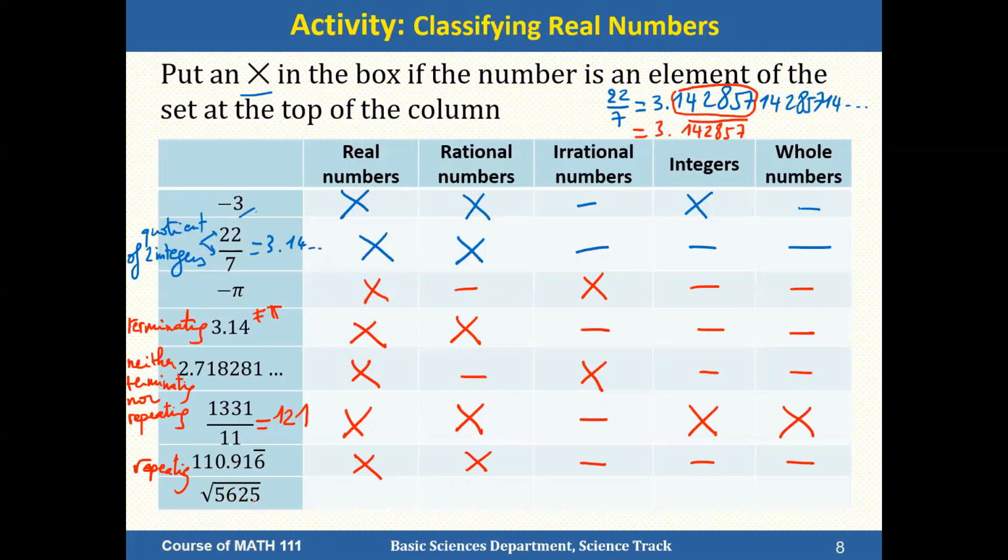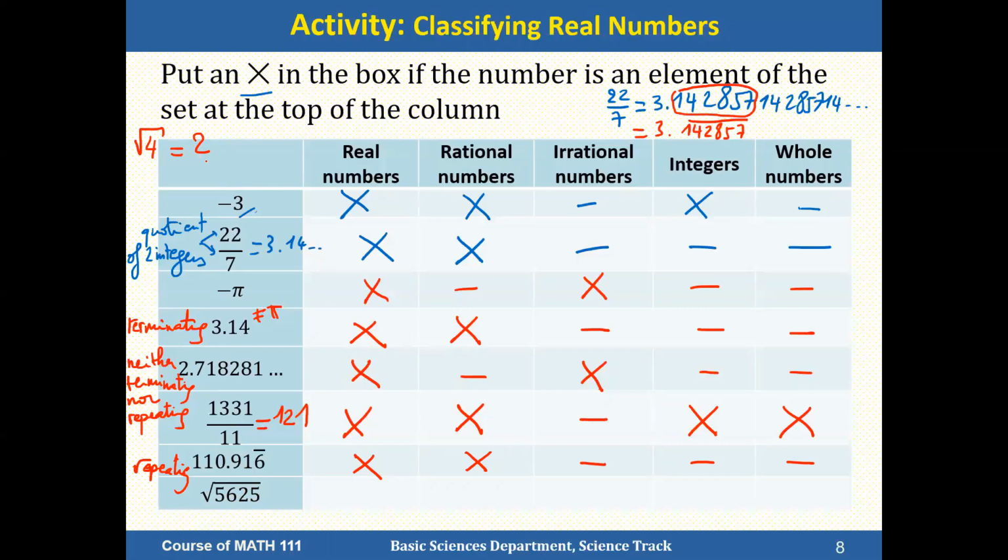Square root of 5625. Here also, the first idea is that it's a square root, so it's an irrational number. But be careful. The best example is square root of 4. What is square root of 4? Square root of 4 is 2. So square root of 4 is a natural number, an integer, a rational number, but it's not an irrational number.